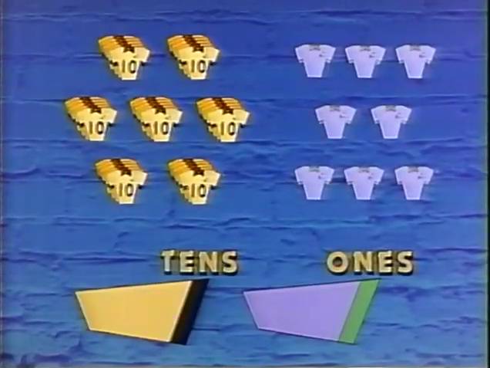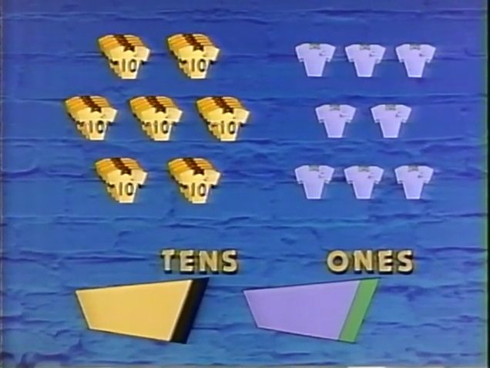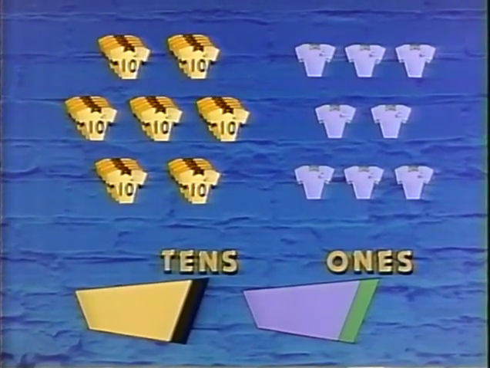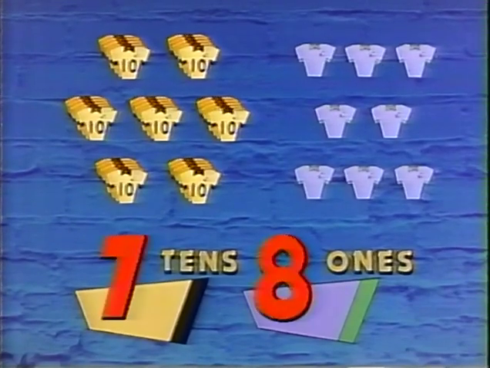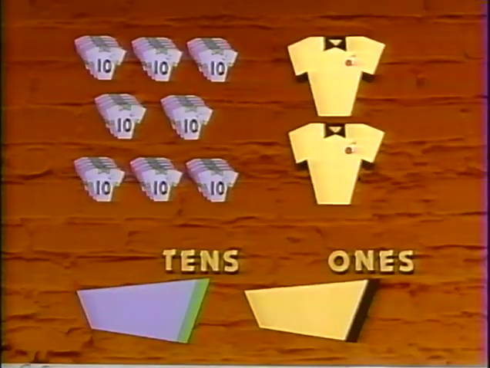Here are some brain ball shirts. How many shirts are there? 78, and we write the numerals 7 and 8 to make the double-digit numeral 78. Here are some more brain ball shirts.